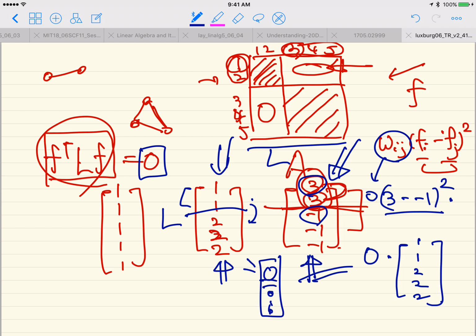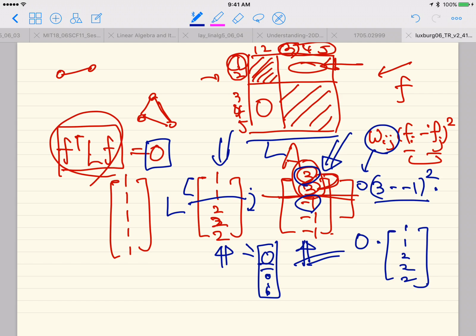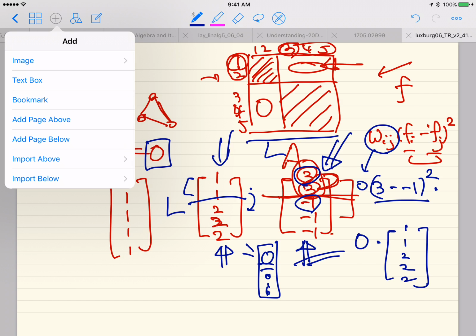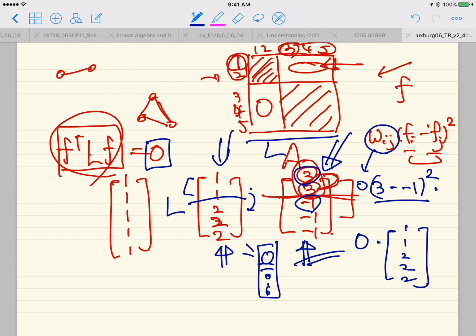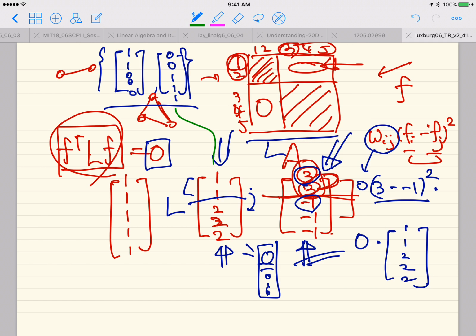So in this case, let's consider the linearly independent basis that can represent all these possible eigenvectors. Let me give one set of bases. The basis will be this and 0, 0, 1, 1, 1. This is the simplest set of bases, and using these two, you can represent any vector like this and so on, right?